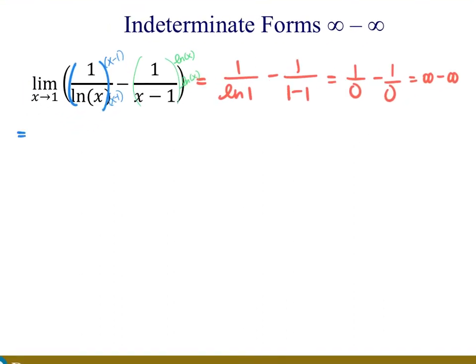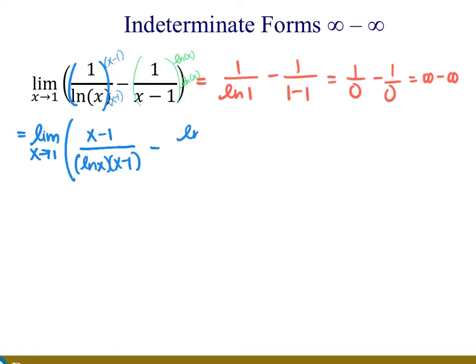So what we'll end up having as the limit as x approaches 1 is x minus 1 as the numerator over the common denominator expression ln x times x minus 1. And go ahead, don't FOIL, just leave it as a product, it's fine.